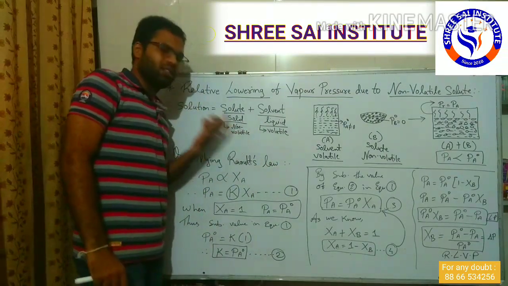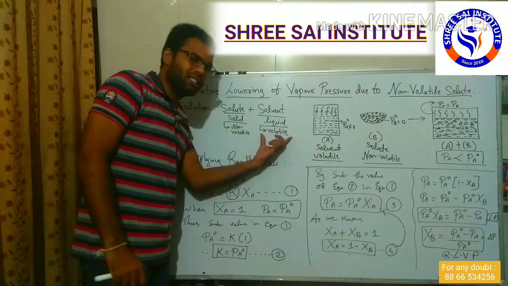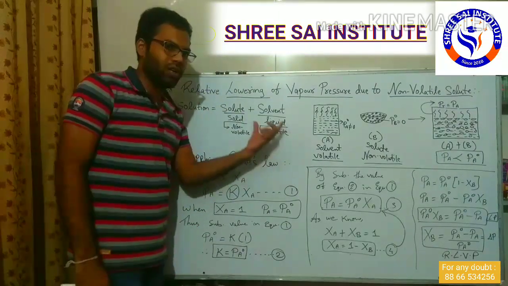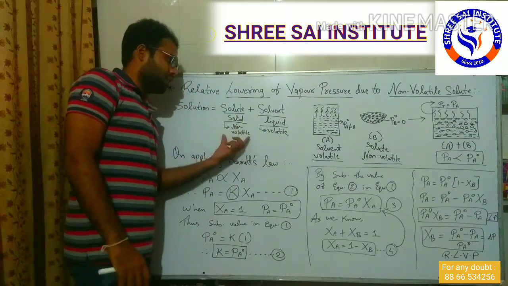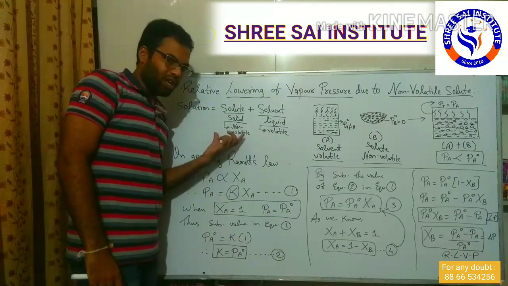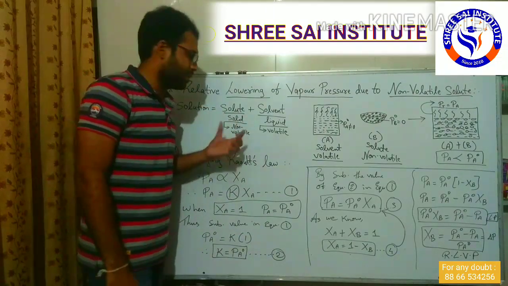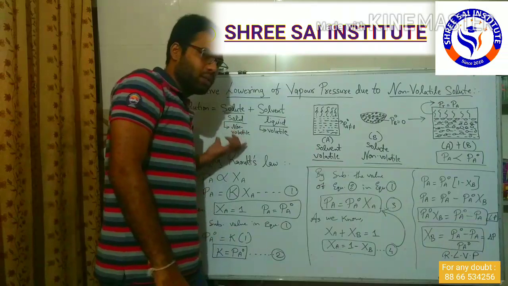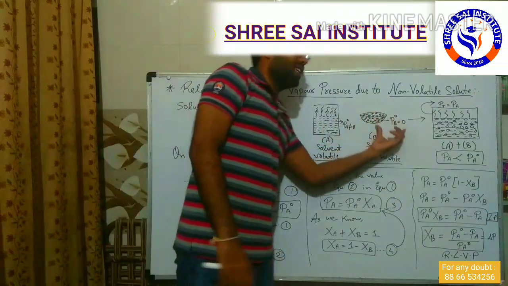The substance which is non-volatile does not create any vapor pressure. That means its partial vapor pressure is zero.